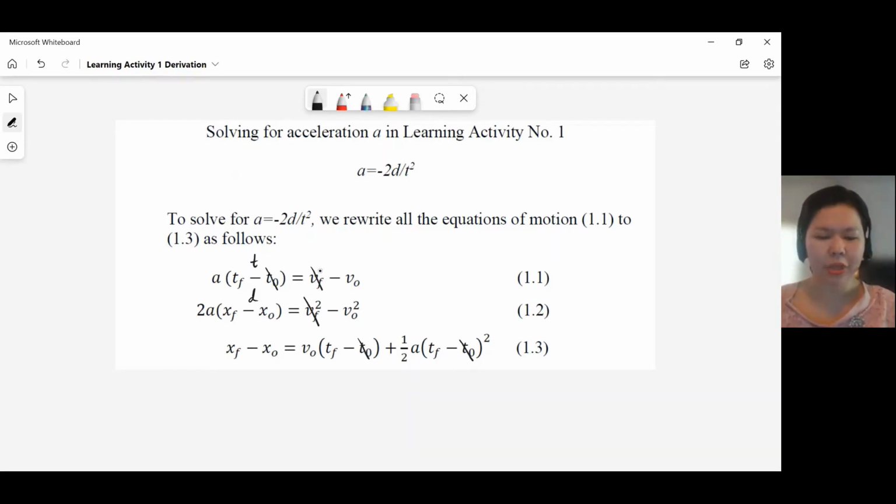This simplifies equation 1.1 to AT equals negative V naught. Let me now call this one 1.1.A.